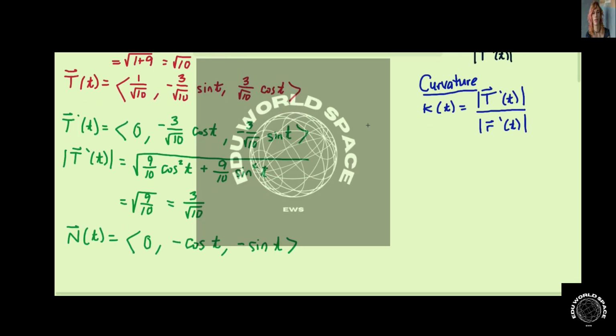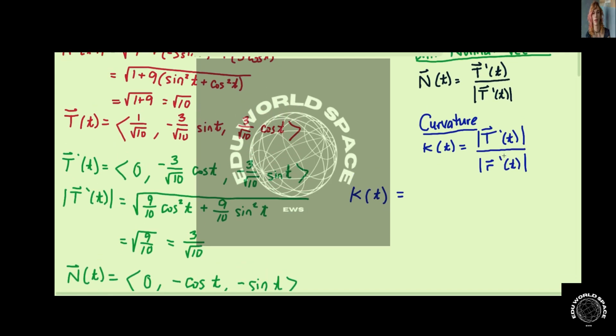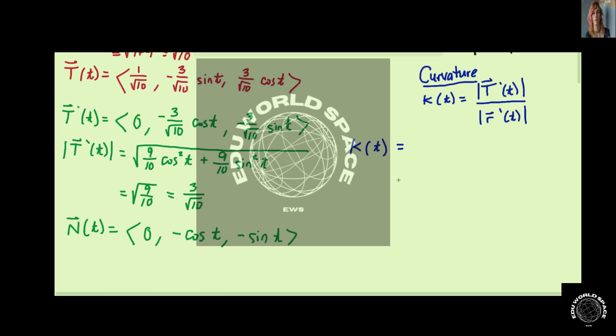And then finally, to find the curvature, we've done the hard work. It's just kappa of t. We just take the magnitude of the derivative of the unit tangent vector and the magnitude of the derivative of the original vector, divide those, and that'll give us our curvature. So we found that already.